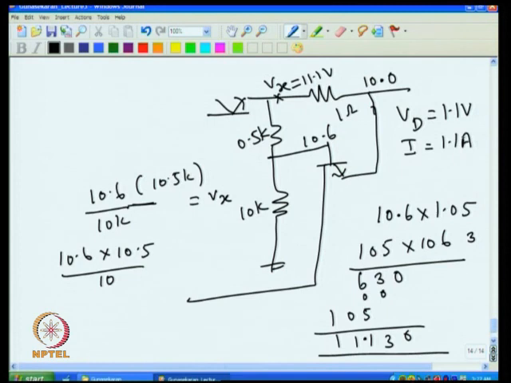That means in a normal condition it limits the current at 1.1 ampere. Under short circuit condition it limits the current at 0.7 amps. That is what we had seen in the earlier example, earlier workout.